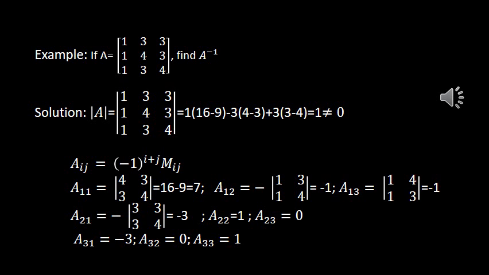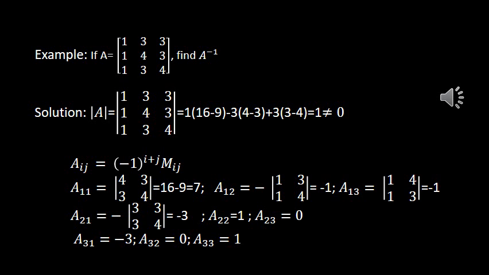So we are able to write down the cofactor matrix. Aij is equal to the matrix with first row 7, negative 1, negative 1, second row negative 3, 1, 0, third row negative 3, 0, 1, so the adjoint matrix can be written.